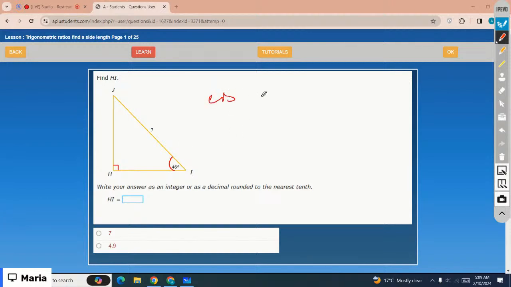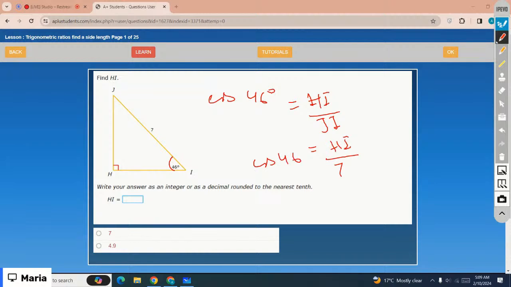So you need to calculate the cos of angle 46 degrees. Cos of 46 equals HI divided by JI, right? HI you need to find, JI is 7. You have to calculate cos 46.